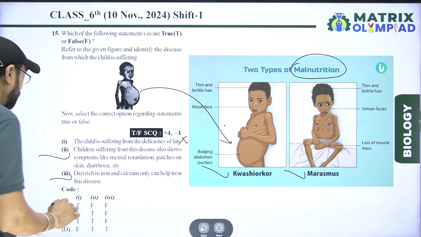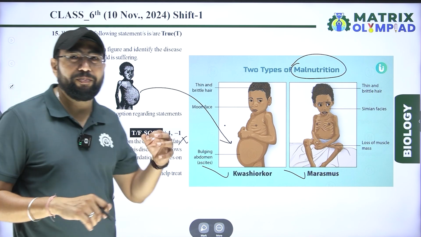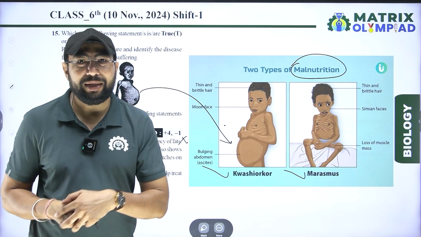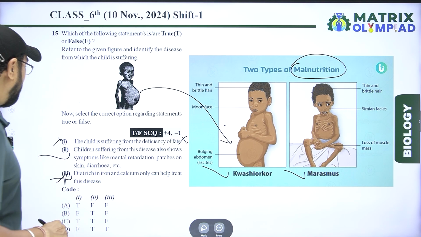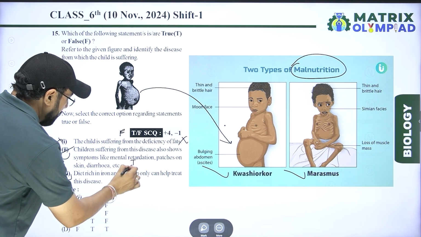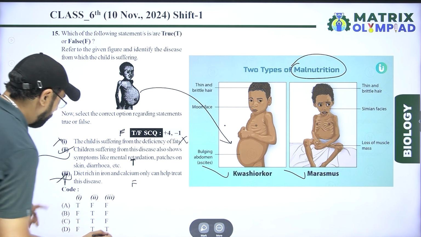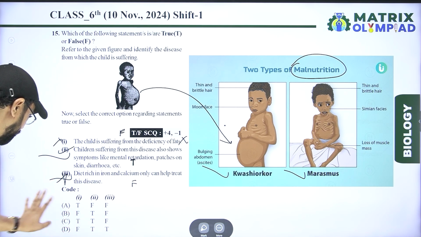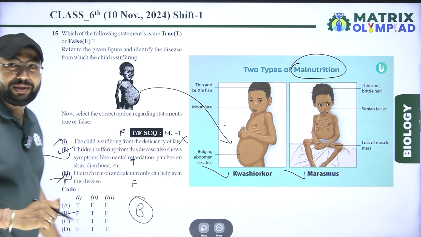That is wrong, because these diseases relate to protein and carbohydrate nutrition. So according to the options, our right answer is false, true, false. Option B is correct for this question.